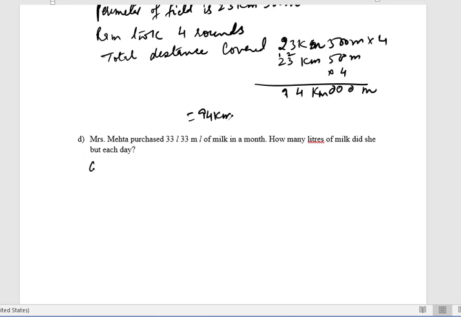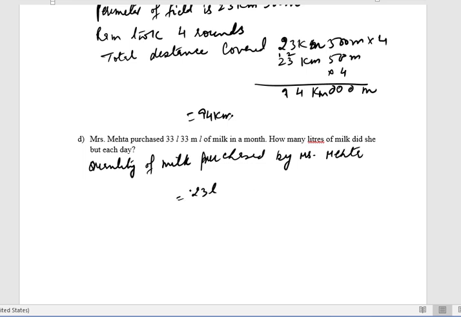So quantity of milk purchased by Mrs. Mehta equals 33 liters and 33 milliliters.